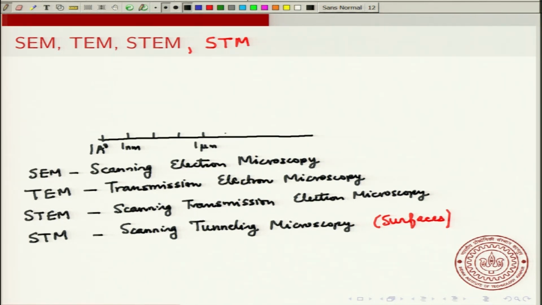Then 10 micrometers, 100 micrometers, 1000 micrometers is 1 millimeter. Your naked eye can probably see up to a tenth of a millimeter. So this is your eye.